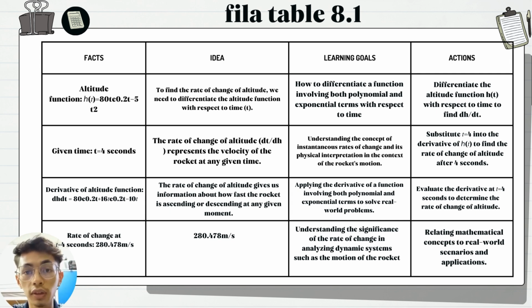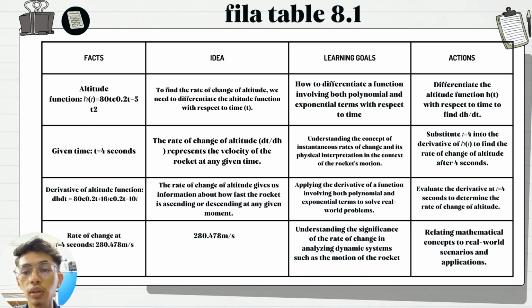For the second set of answers, the fact is given time is t equals 4 seconds. From the fact, we get the idea that the rate of change of altitude, which is dh over dt, represents the velocity of the rocket at any given time.